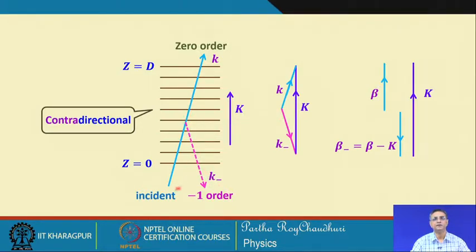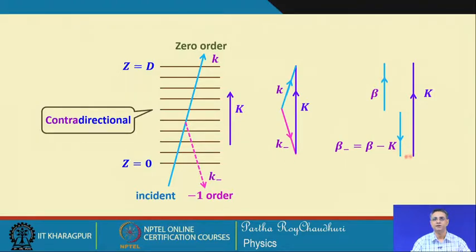And if you take this k vector, which is represented by k, and this is the k minus, which is the modified form of this k vector because of the addition of this vector, this K. So, this and this put together will be equal to this. So, you have this vector, you have this vector, and you have this vector.